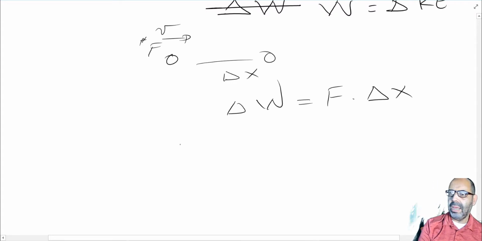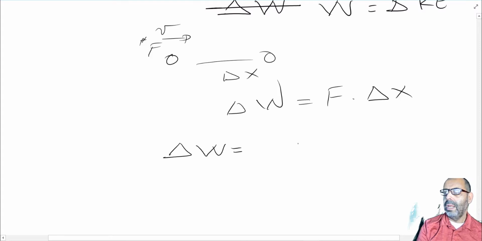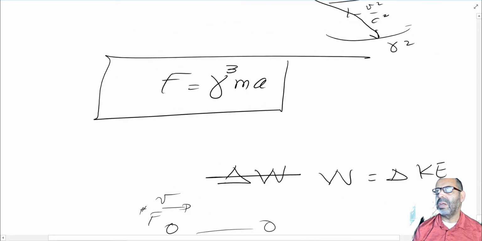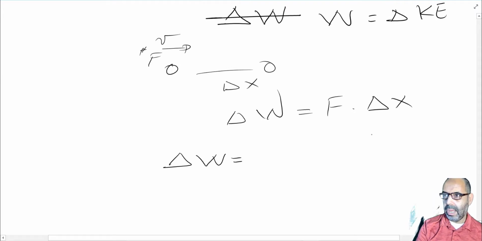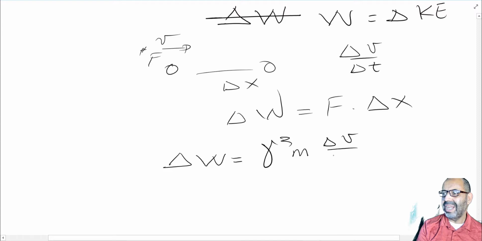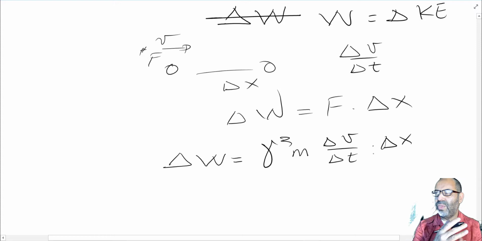So in this case, I'm going to write this work as being simply equal to, remember the force I just found, gamma cubed ma, and a is just the rate at which the velocity has changed during that time. So it's going to be delta v over delta t times delta x. I'm going to flip things now.